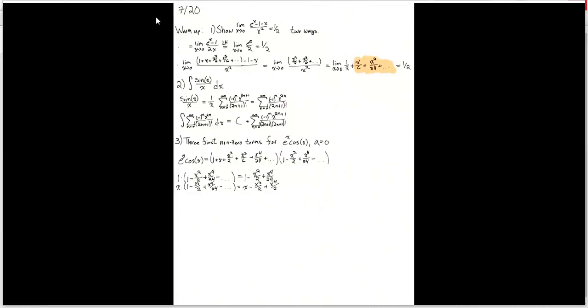And then this x squared over 2 term. So multiply this out, you get an x squared over 2 minus x to the 4th over 4, then plus x to the 6th over 48, and then so on.